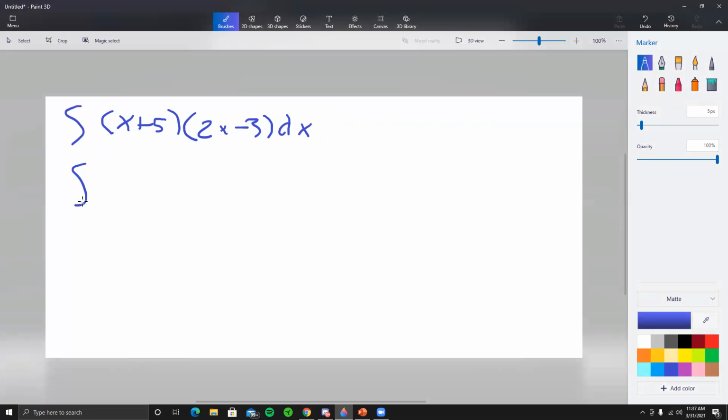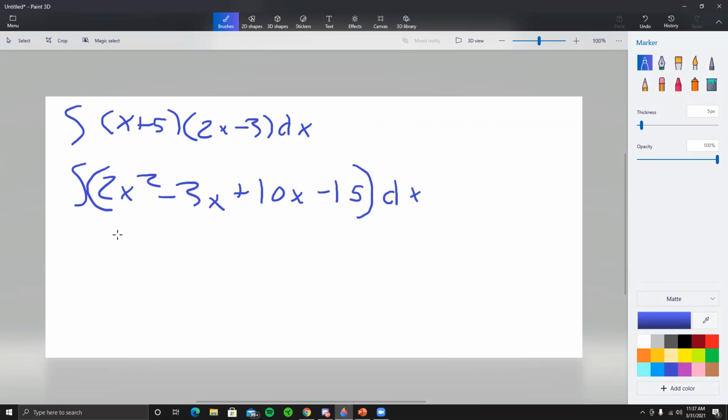So that would be 2x squared minus 3x plus 10x minus 15 dx, and always include the quantity. And then we could simplify these two, since there's like terms, into 2x squared plus 7x minus 15.